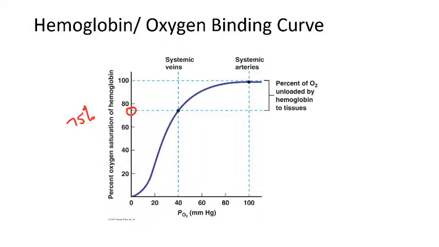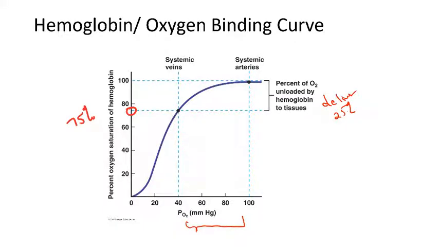We see that it takes a drop of this 100 to 40 partial pressure concentration to drop the saturation to 75%. So we're going to deliver 25% of the oxygen we carry.